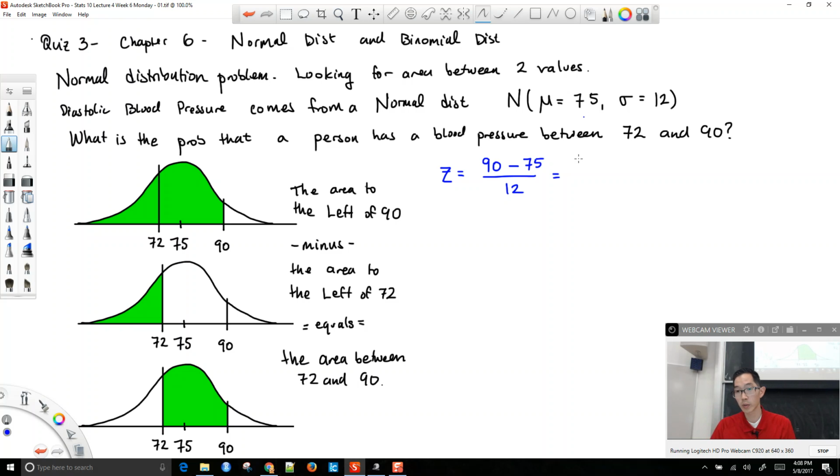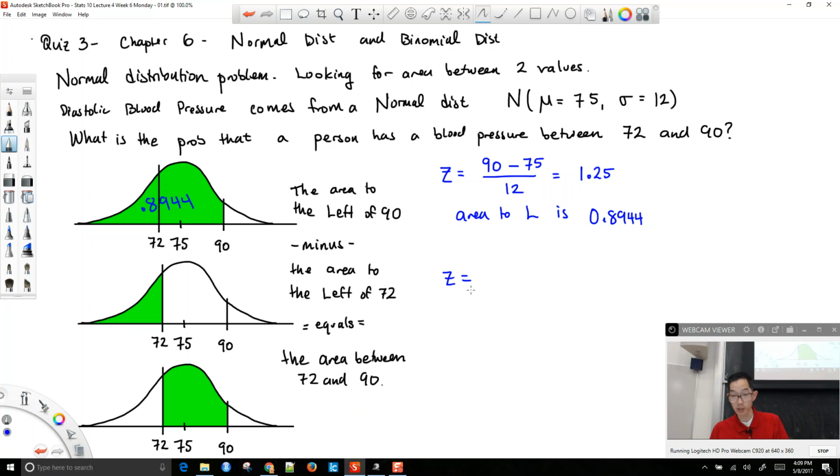Okay, so I get 1.25 over here. And the area to the left of 1.25 is, so I look up 1.25 on my table and I find 0.8944. That's all of this over here. 0.8944.